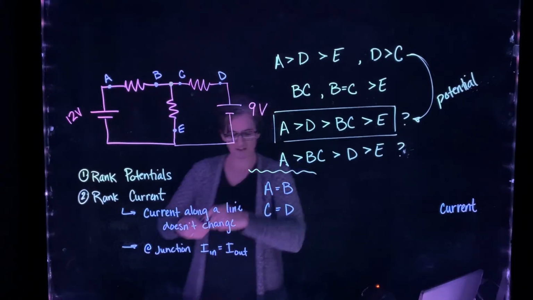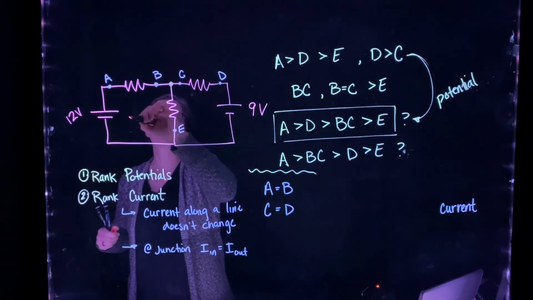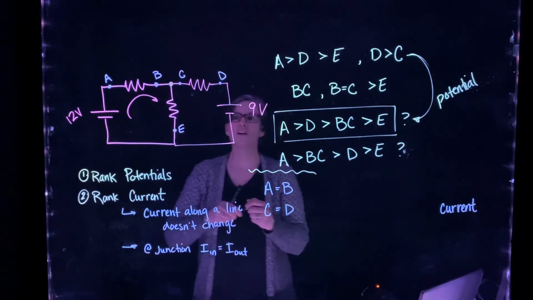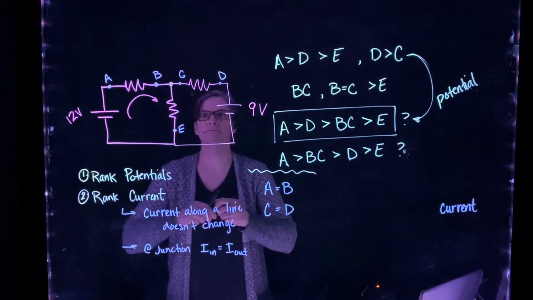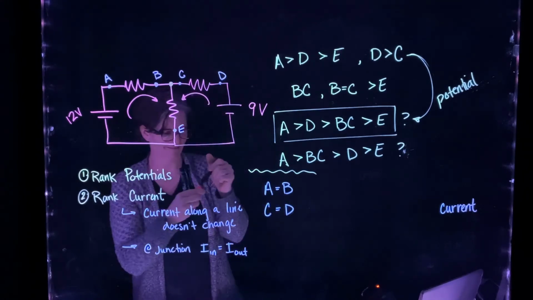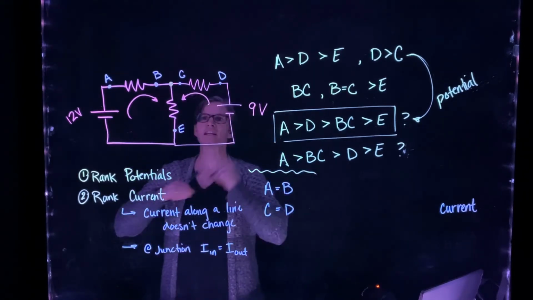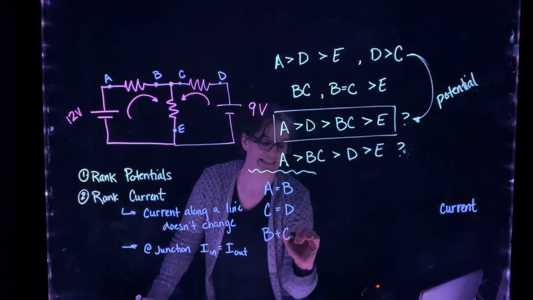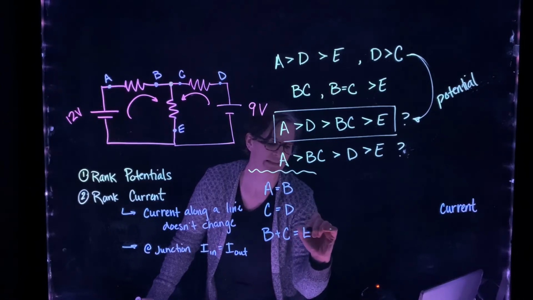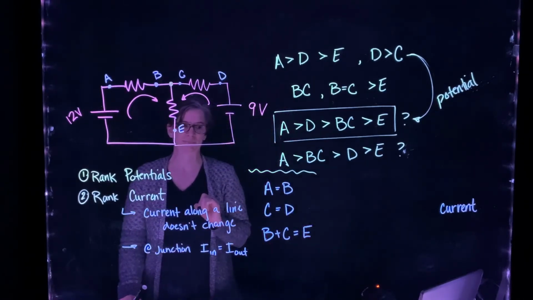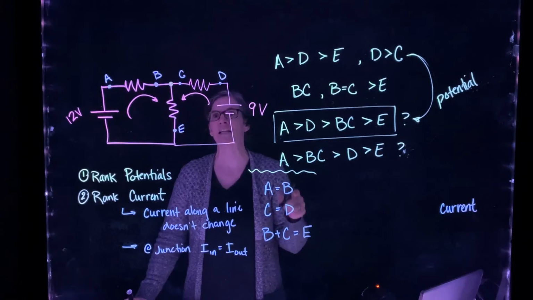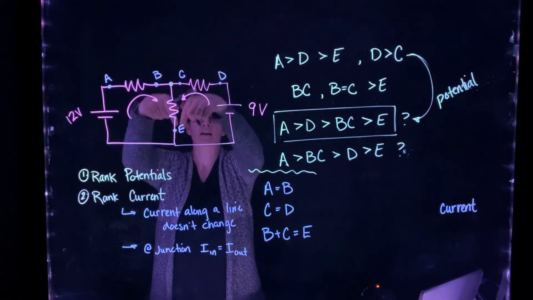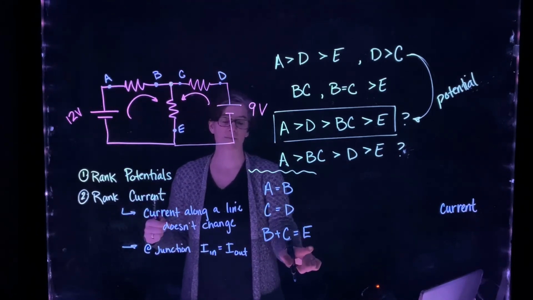So if we imagine the current traveling this way in our circuit, this junction tells us that B plus C has to equal E. Because as these two come together at this junction, they come into one spot.